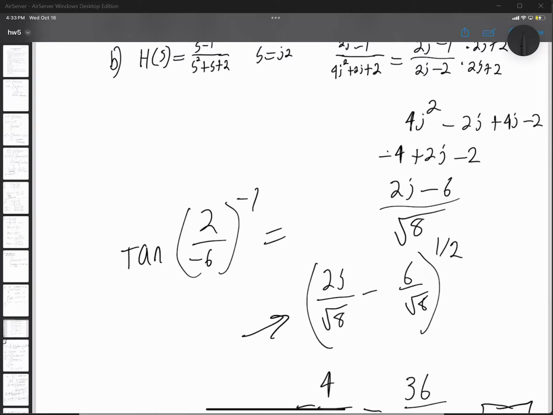The 2j minus 6 is where we got that from. Negative 18.43. And that will be our answers for this.